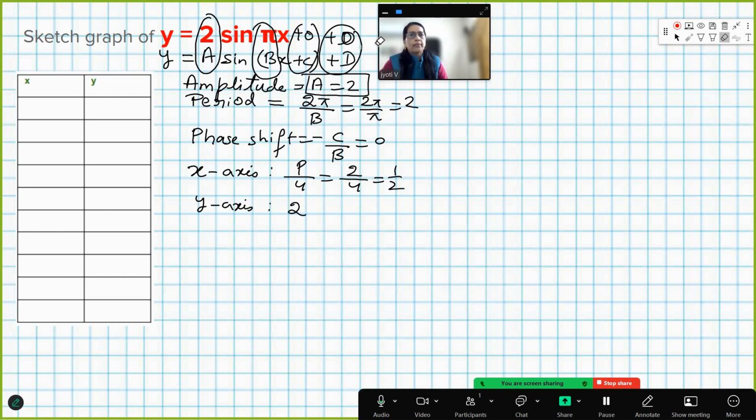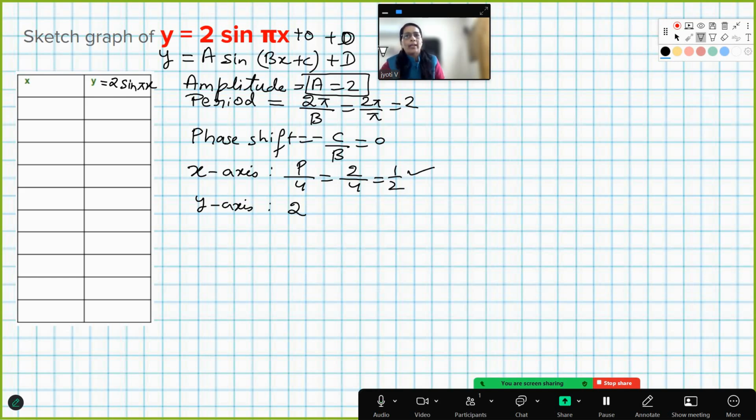To draw the graph, first let's get the coordinates. So we have a table here. We will have to substitute x to get y. y is 2 sine pi x. In place of x, we will substitute 0. I just take slightly closer values to get a clear picture of the graph.